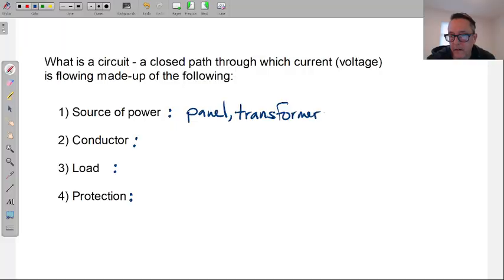Transformers as well. And control panels, I'm going to add panel here for an easy word. They're called motor control stations, but we don't have to use all that. These are all places where you would find the source of power. The thing that brings in voltage.